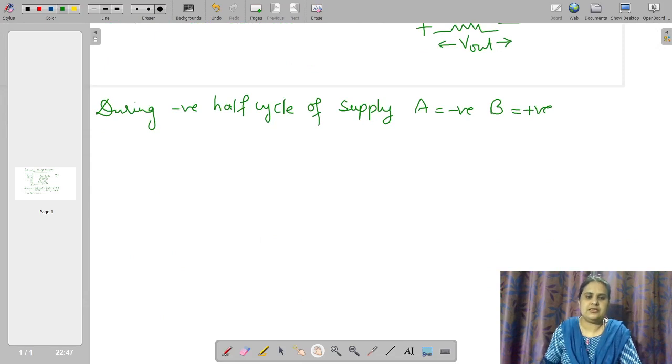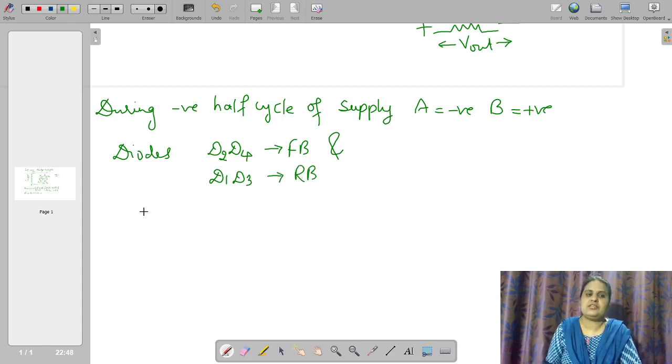In this condition, diodes D2, D4 were forward biased and diodes D1, D3 were reverse biased.